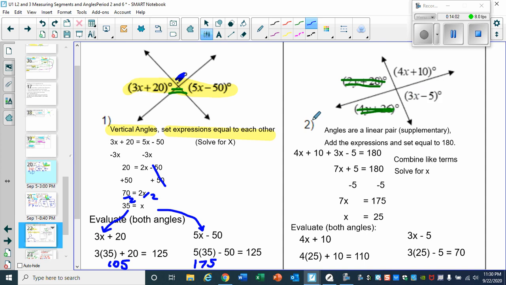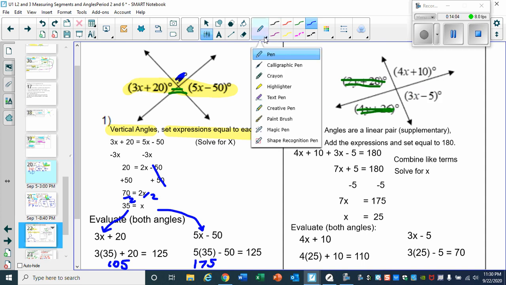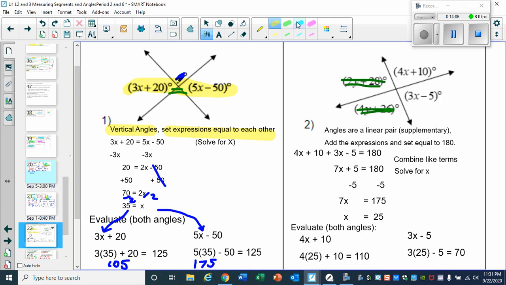Now, number 2, since the two angles are supplementary, the sum of this one plus the sum of this one equals 180. And just like before, combine like terms: 4x and 3x is 7x.